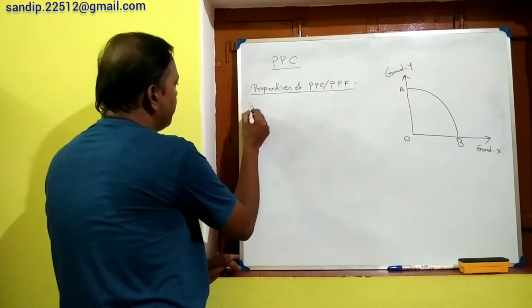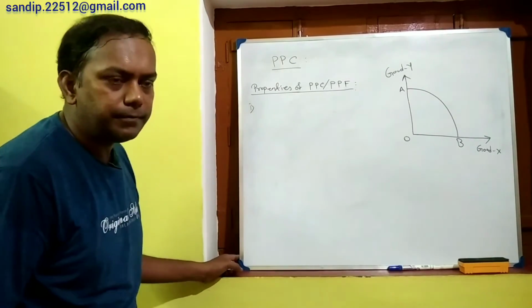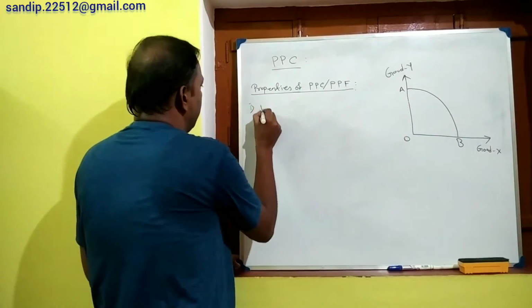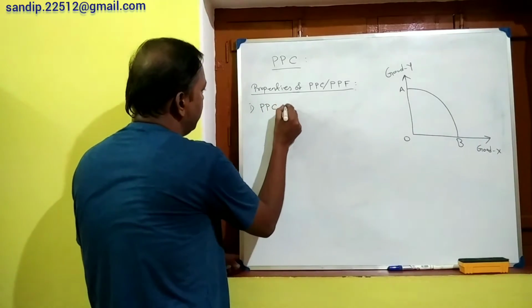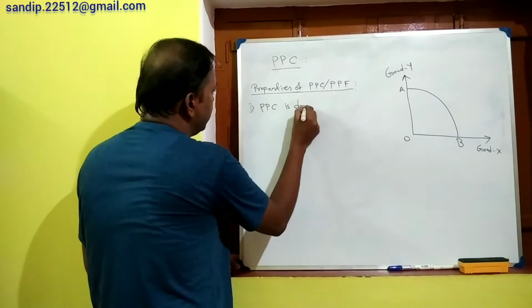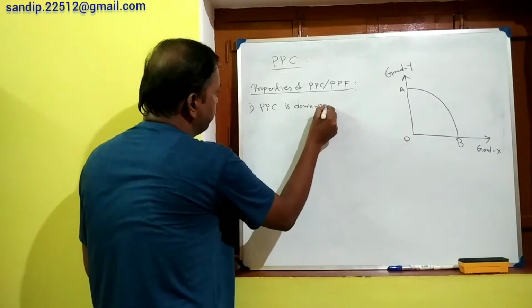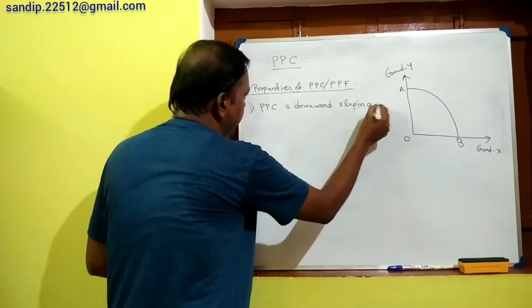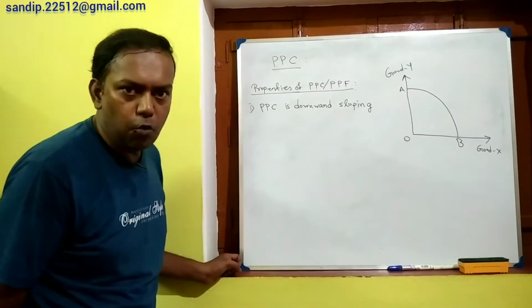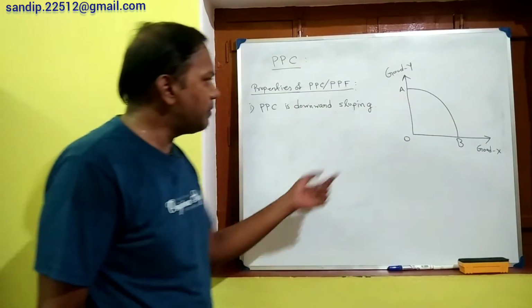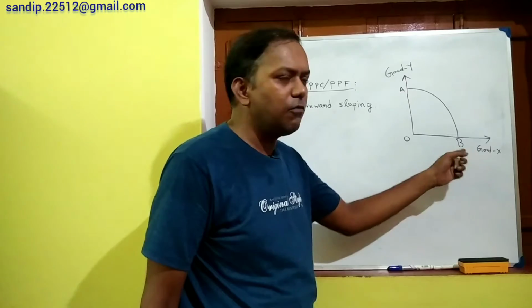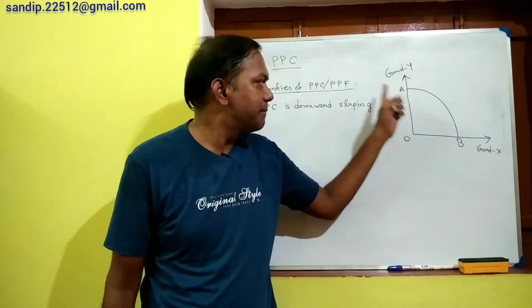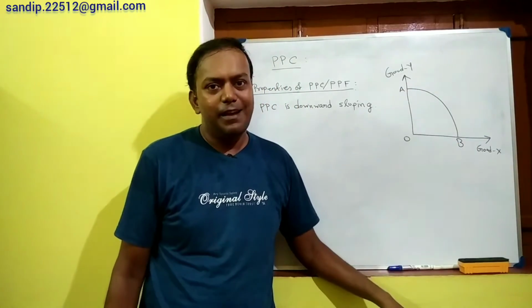Number one property: the production possibility curve is downward sloping. You can see that this curve is downward sloping.